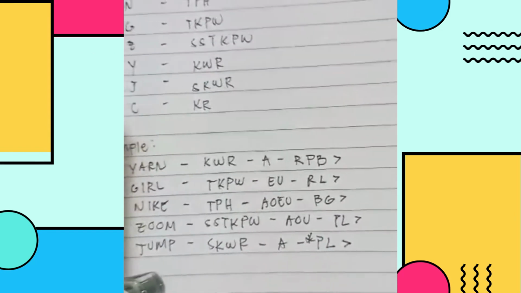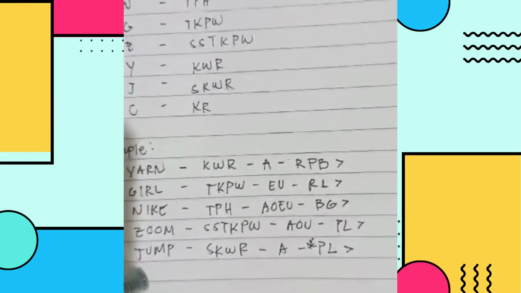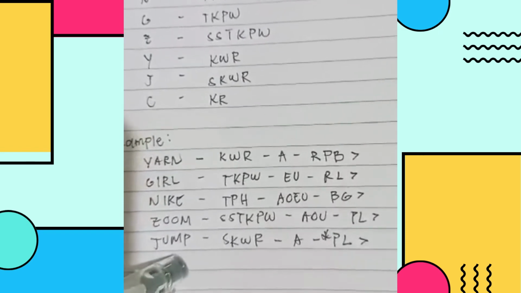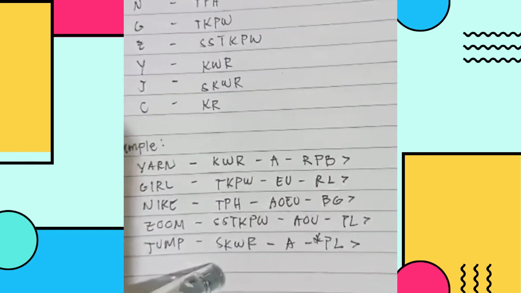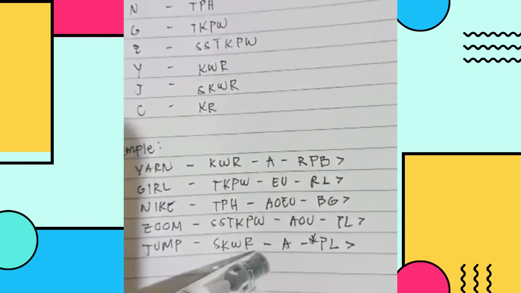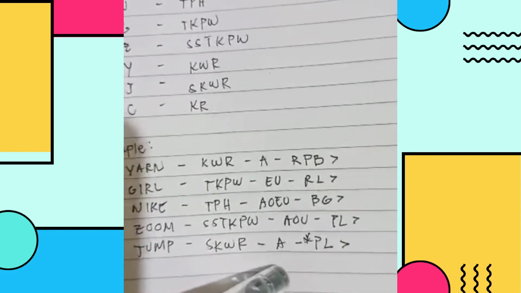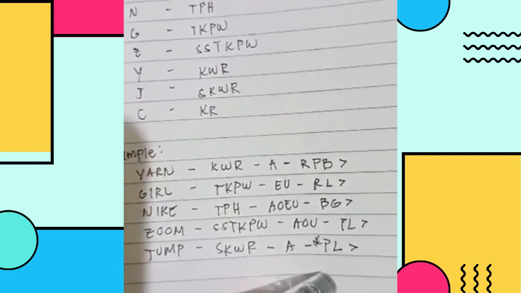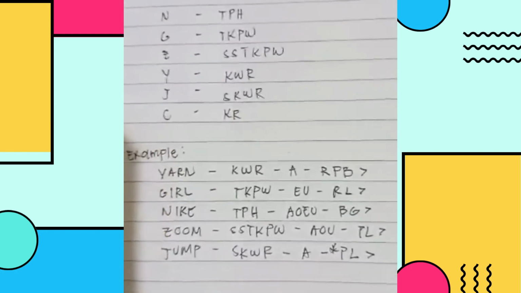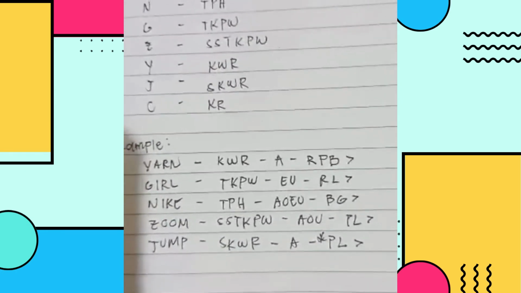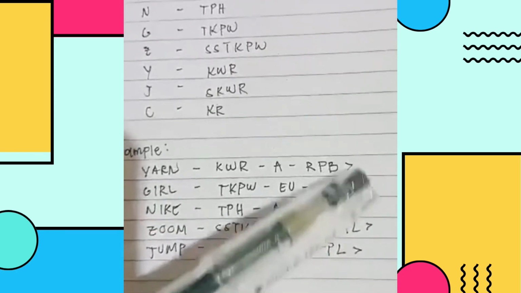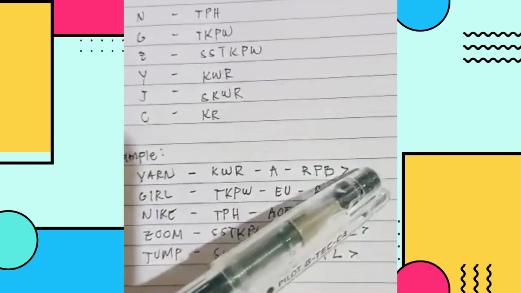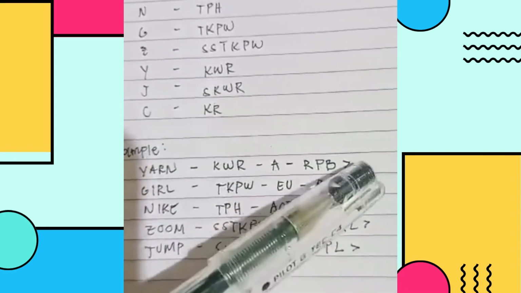Then this is how to read the word jump in machine shorthand. Initial letter SKWR, vowel letter A, then ending asterisk PL, then release. And class, don't forget to put the release on the ending of your words.